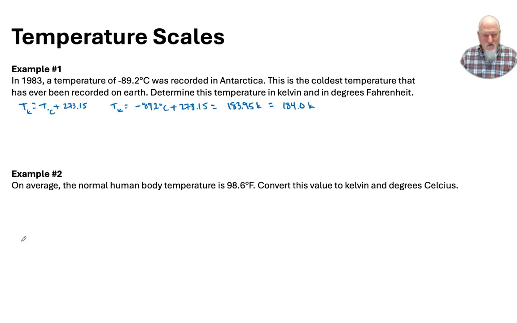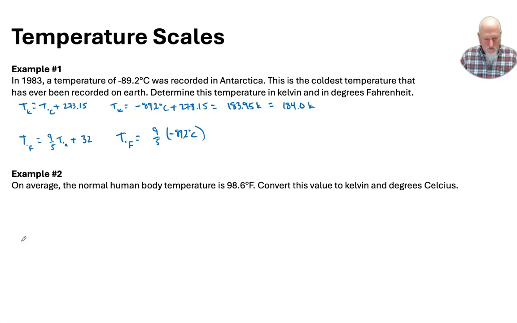Now, if I want to convert this Celsius value to Fahrenheit, I can look at my sheet, and the temperature in Fahrenheit when I have Celsius is 9/5 times my temperature in Celsius plus 32. So my temperature in degrees Fahrenheit is equal to 9/5 times my temperature in Celsius, which is negative 89.2 degrees Celsius.